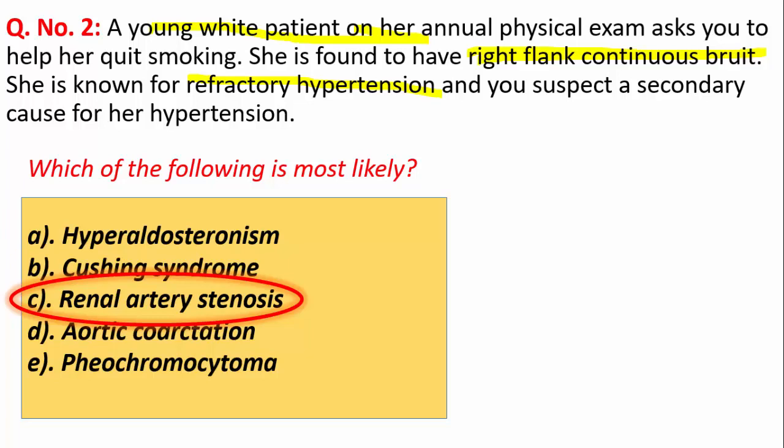In these patients, sometimes there is pulmonary edema with normal left ventricular function. So the features of right flank continuous bruit and refractory hypertension point towards renal artery stenosis.